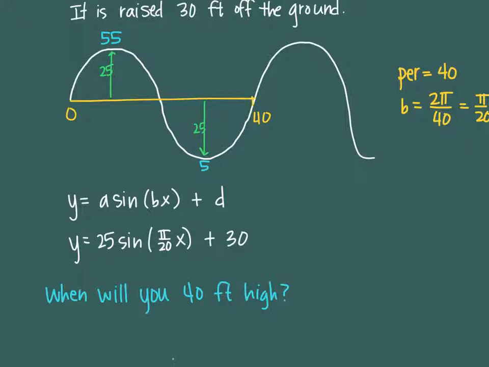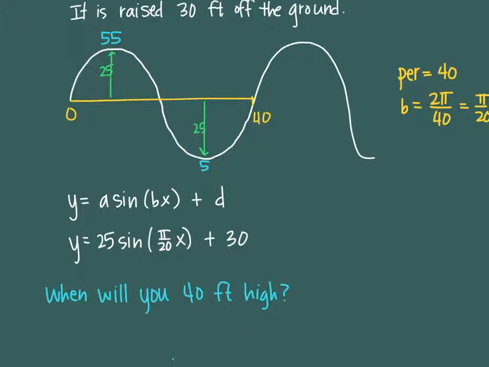Okay, so now once you have your period and your range set for your window, now you're ready to put the equation in. So would you put the equation we just created, which was 25 sine pi 20th x. Now when you type this into your calculator, you need to put pi and x above the 20.